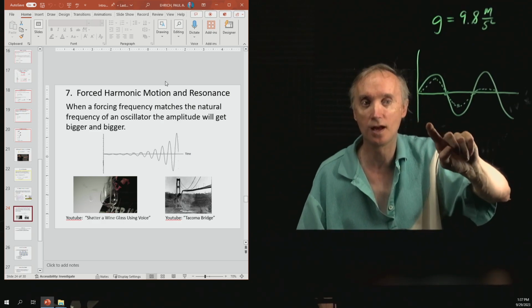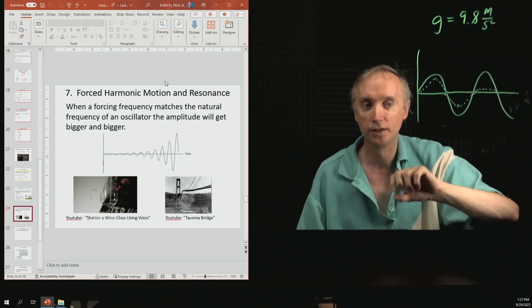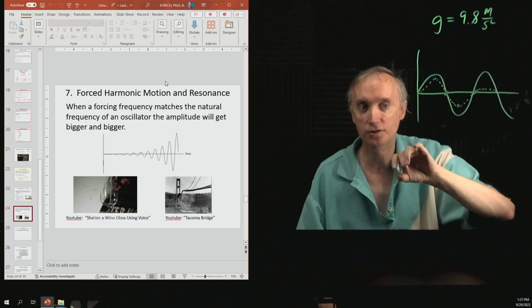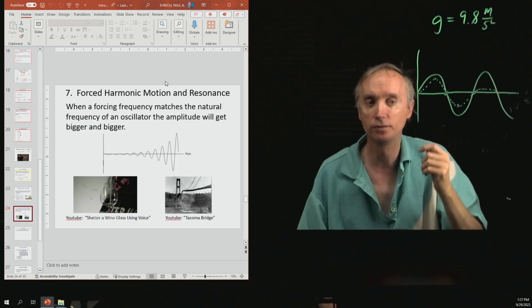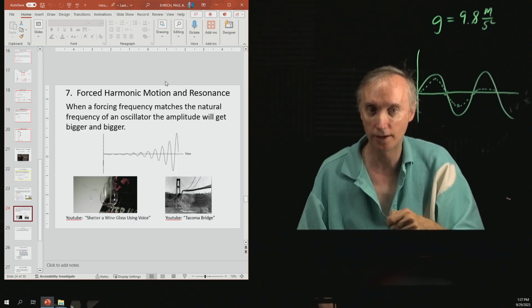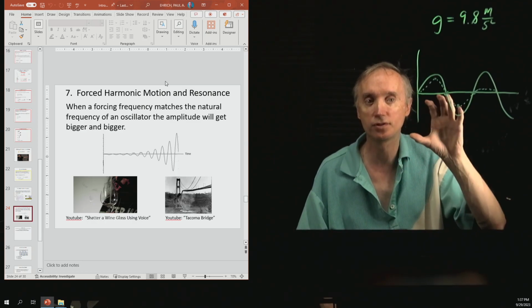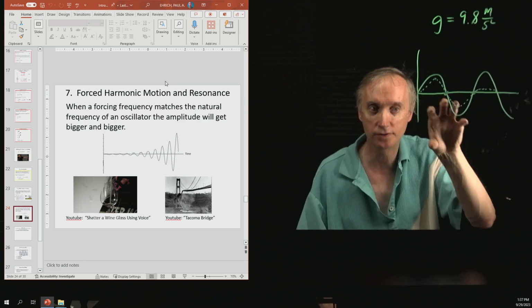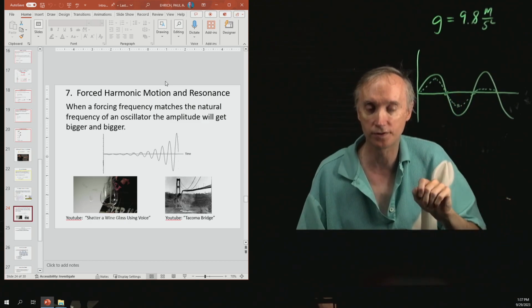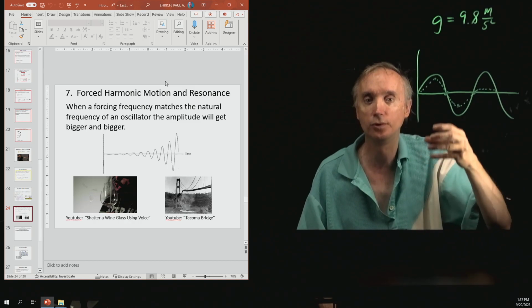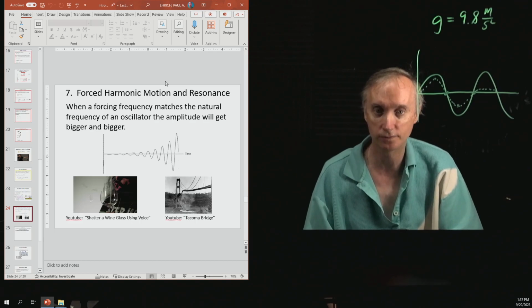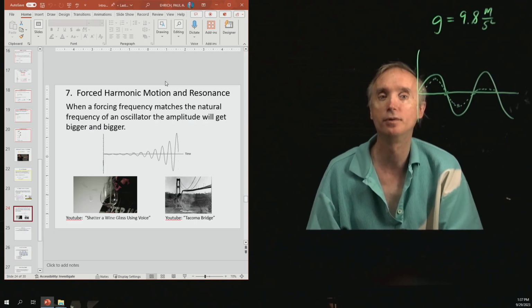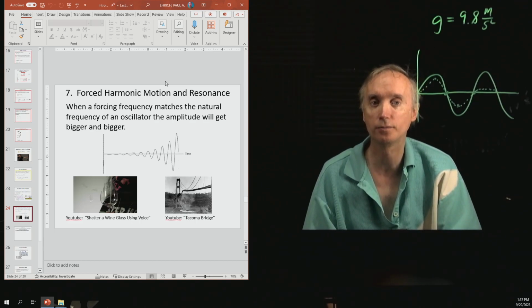So even this piece of glass that's in front of me, if I was to hit it, it's going to vibrate at a certain frequency. That's its natural frequency. So now if I was to shake the piece of glass at that frequency, the amplitude would get larger and larger and larger until finally it would break the glass. So be able to explain what forced harmonic motion is, and then what is resonance.